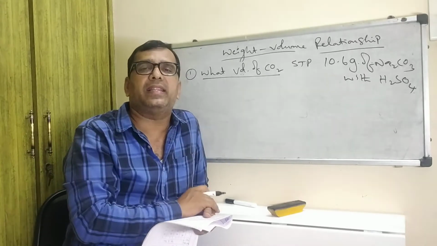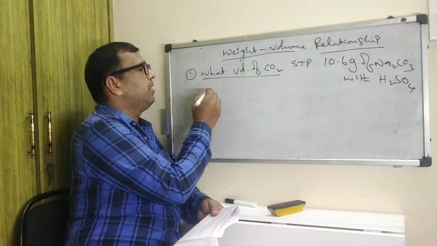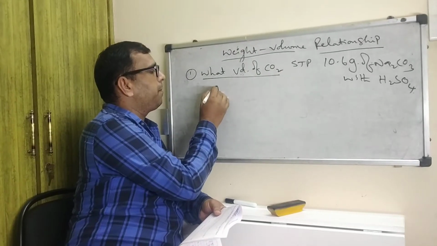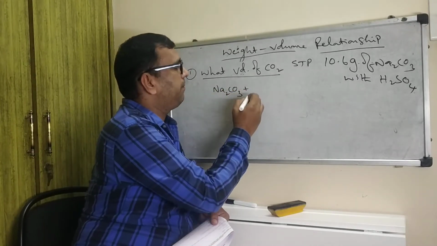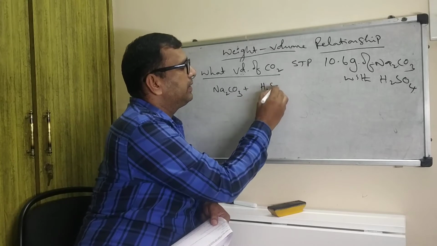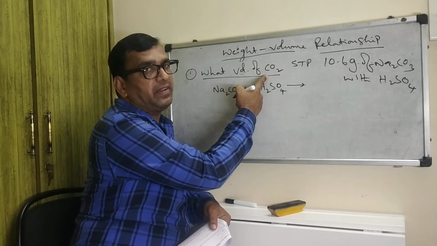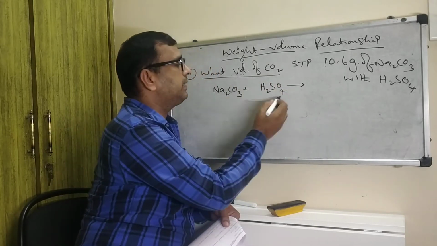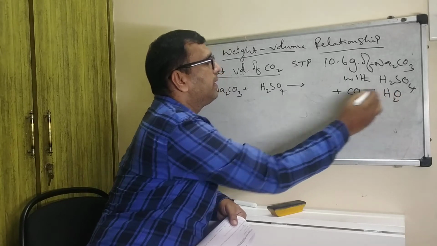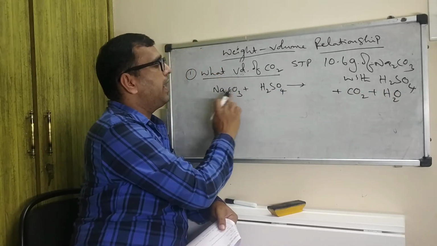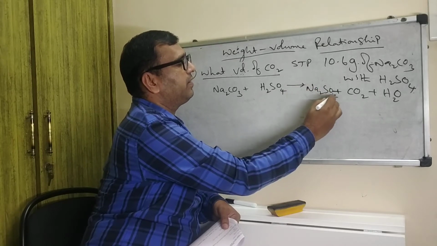Then you have to write the chemical equation for this problem. How? Sodium carbonate, Na2CO3, reacts with sulfuric acid to form carbon dioxide, which is already given as one of the products, then water, and sodium sulfate.